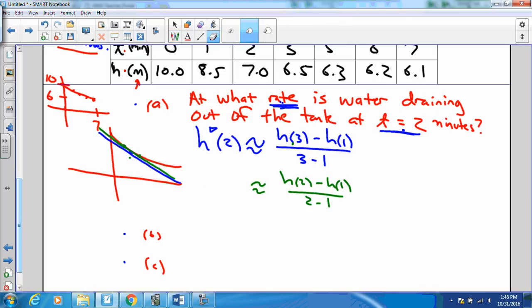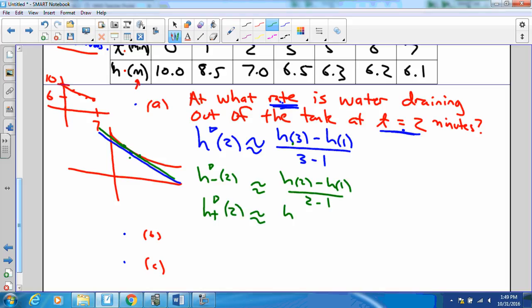And when I computed that rate of change, the best way to label that would be the derivative of h from the left at 2. And likewise, if I computed the derivative from the right, the best way to compute that would be this. Now here's the fun part.